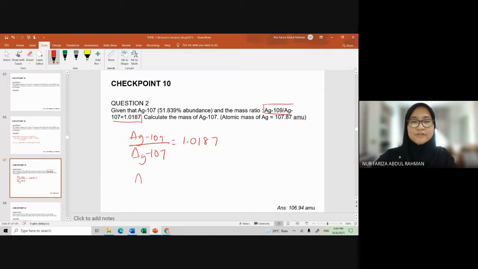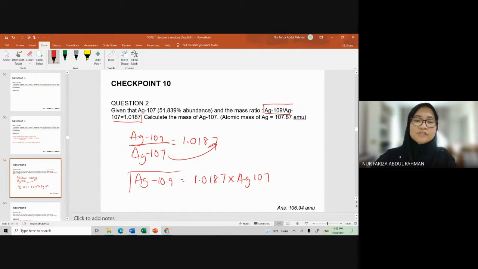You can choose any one to proceed. The easiest will be this one. 1.0187 times, this one goes up, then becomes Ag 107.